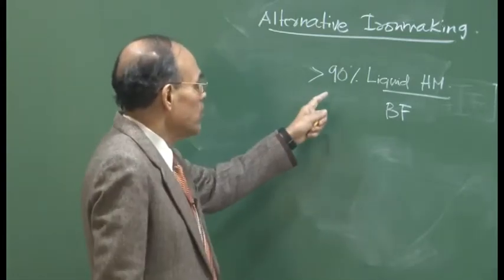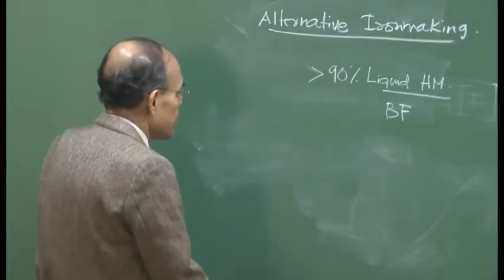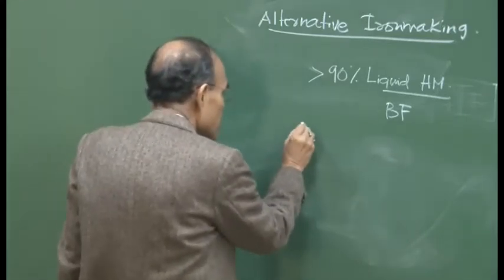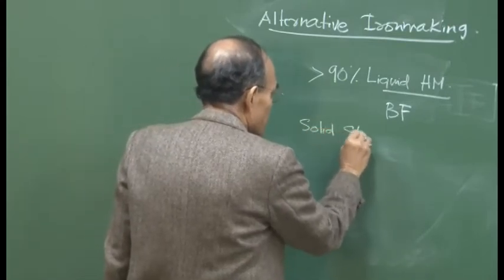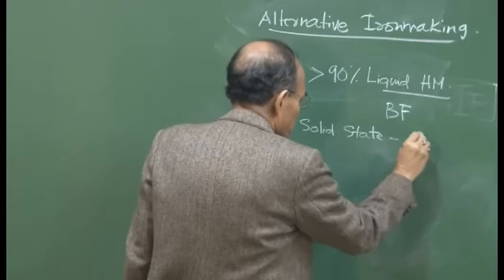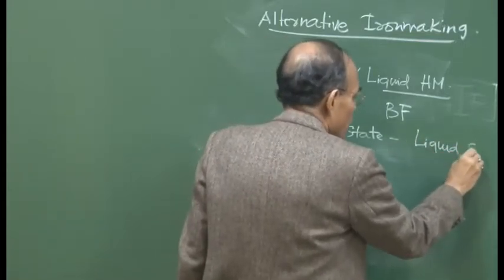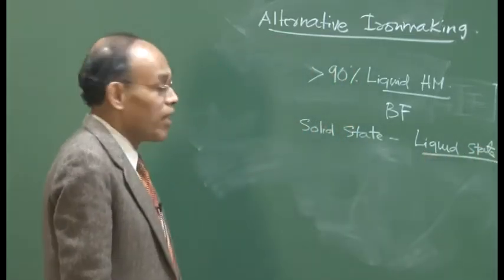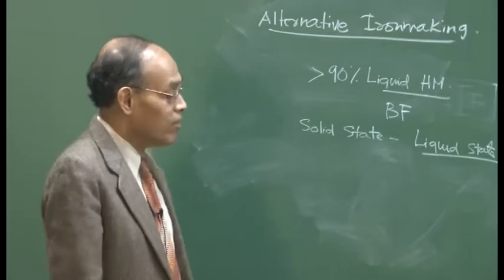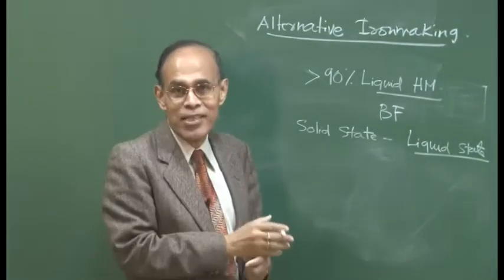Now, the moment I say liquid hot metal, we must understand that iron is produced both in the solid state as well as in the liquid state. Indeed, when I was talking about the historical development, I told you that initially mankind was not in a position to produce very high temperatures.